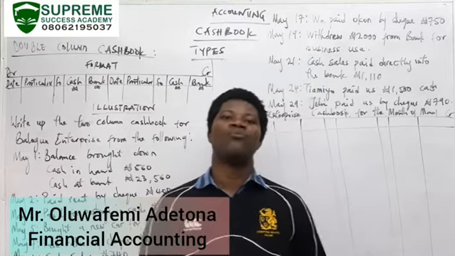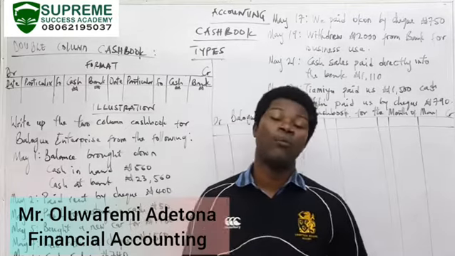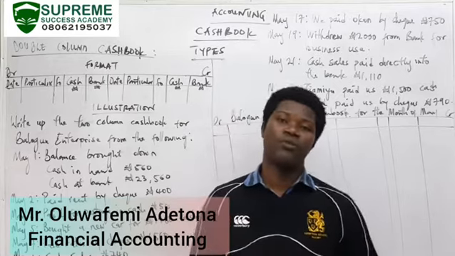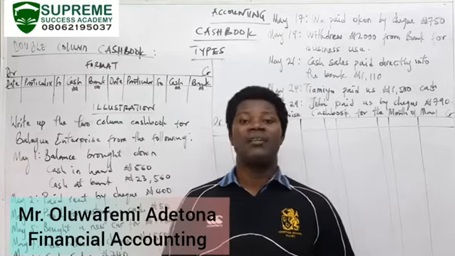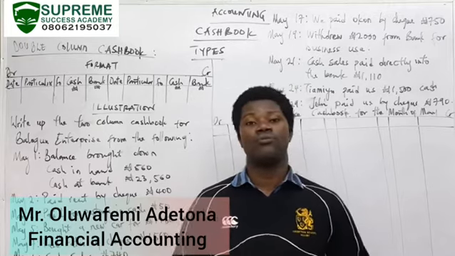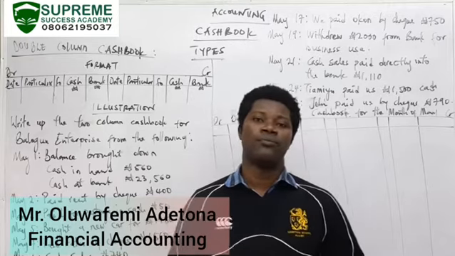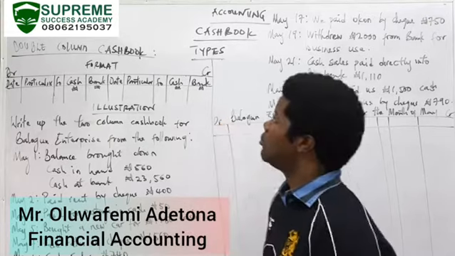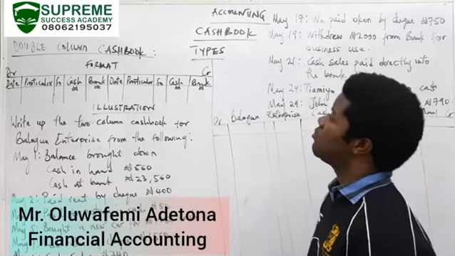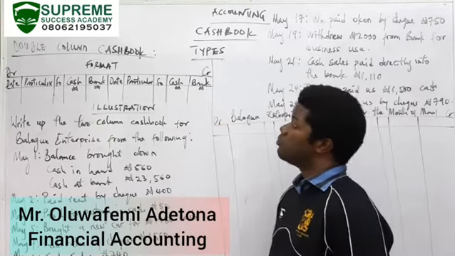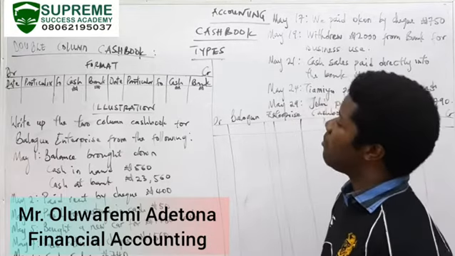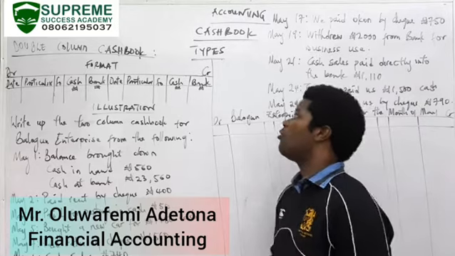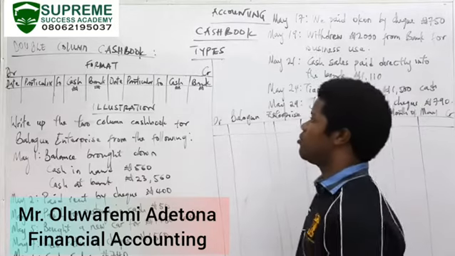Today we will be looking at the double column cash book, which combines both the cash and the bank on a single cash book. A double column cash book is a book of record that combines both cash and bank together on a single cash book.